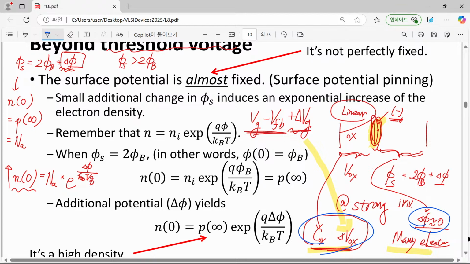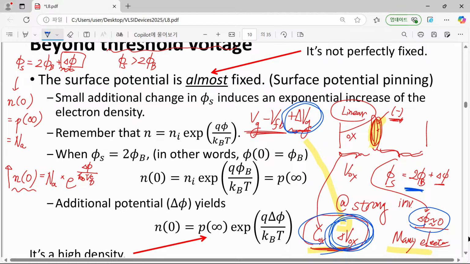Balance is important. So in order to have the balance, in this strong inversion regime almost all applied gate voltage should be assigned to the oxide. That's the reason why people say that beyond strong inversion, surface potential cannot grow any further.